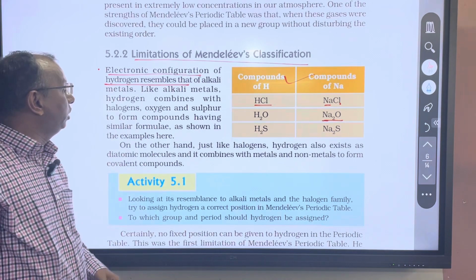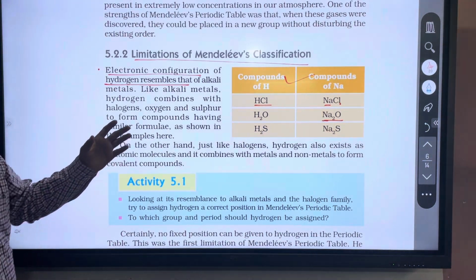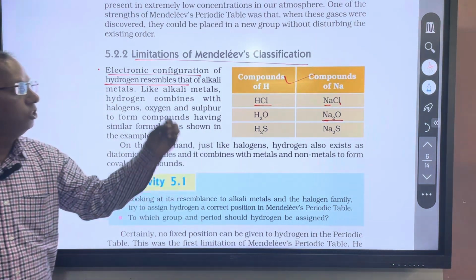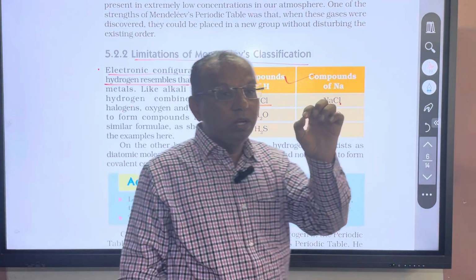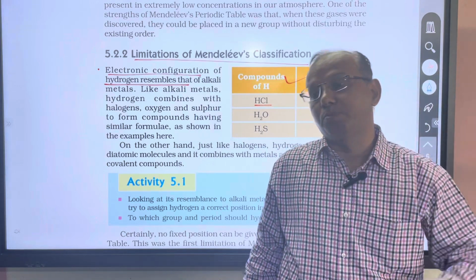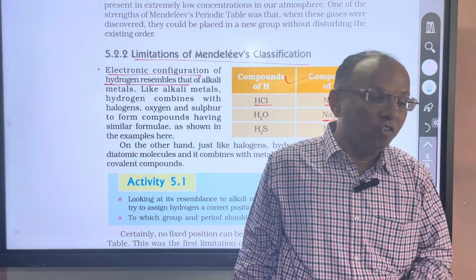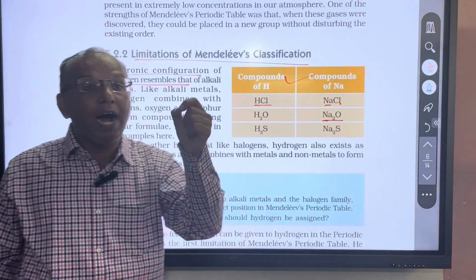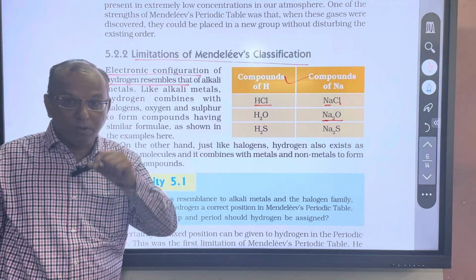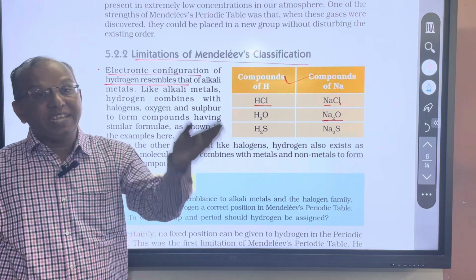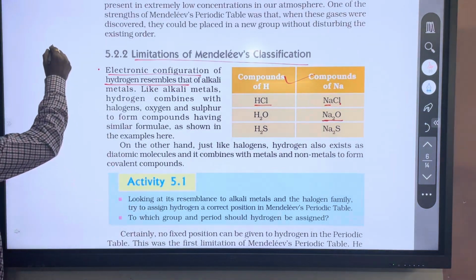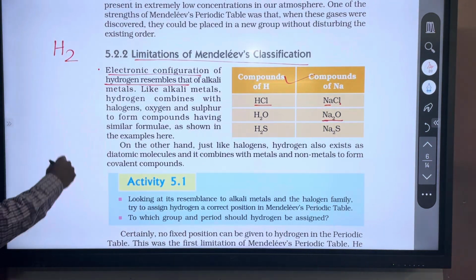But friends, on the other hand, if we consider the physical properties, hydrogen is in gaseous form at room temperature, whereas group 1 elements are in solid form. So this is one controversy. We are not able to put it in group 1. The second important thing, friends, is that hydrogen is diatomic.